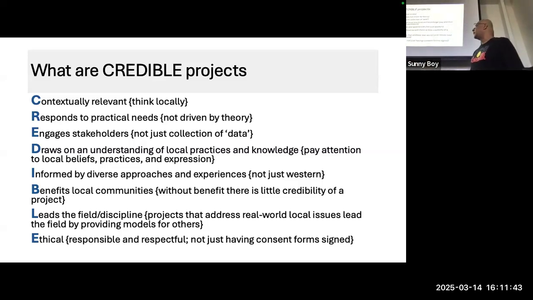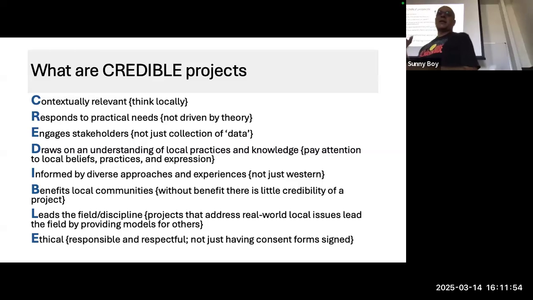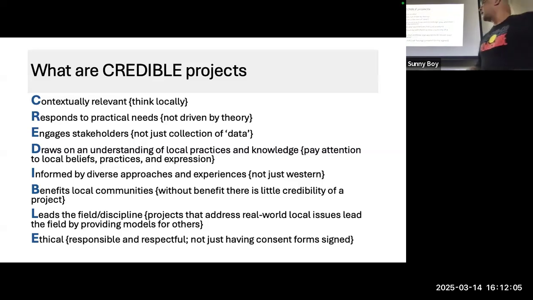So it's quite relevant. At the same time, we do look at and are informed by diverse approaches and experiences. So not just Western stuff and not just theoretical stuff. And I'll talk more about how we approach literature analysis in a credible approach, which is quite different from doing a literature review in a traditional project.